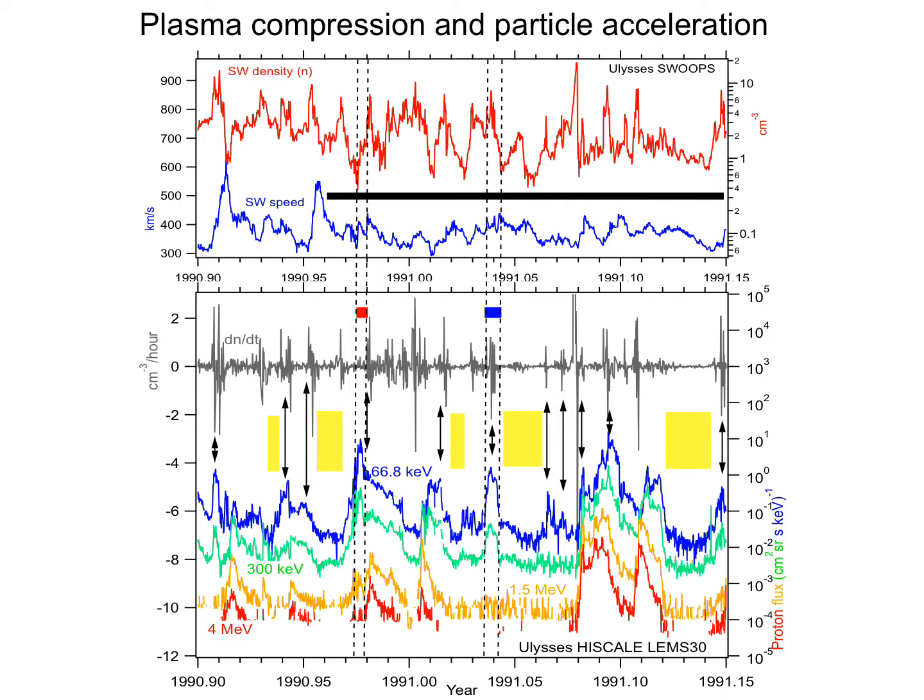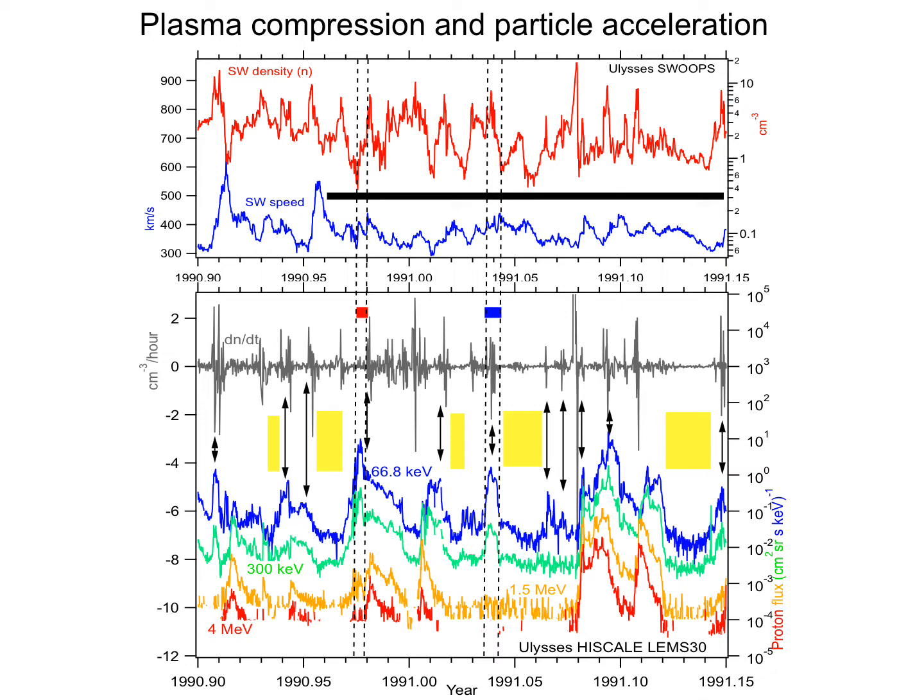This shows a smoking gun in the observations for particle acceleration by compressible turbulence. At the top, we show the solar wind density and the solar wind velocity, and we take the solar wind density, calculate its time derivative, and this is shown in this black line.